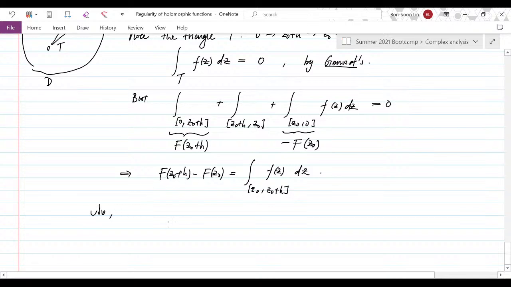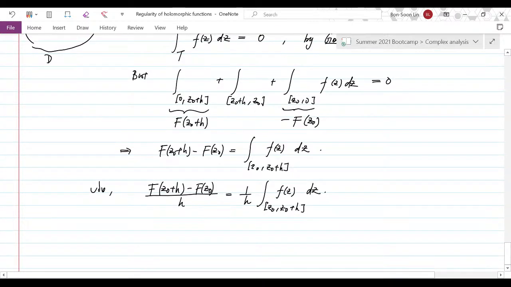So f of z naught plus h minus f of z naught divided by h is equal to 1 over h of this line integral. Okay.